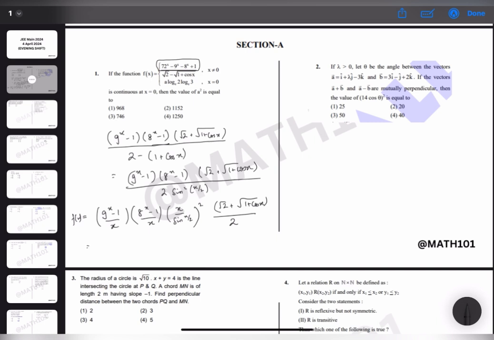So this thing becomes ln 9, this is ln 8, this is 4, because we will write this 4 into (x/2) square. So this thing is 1, so we are left with a 4.